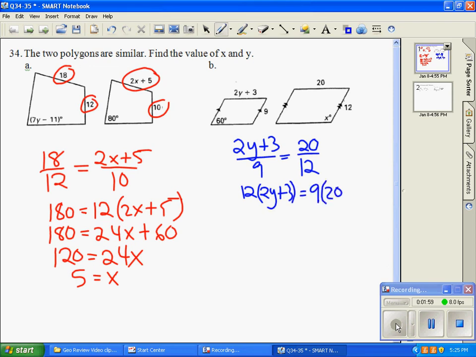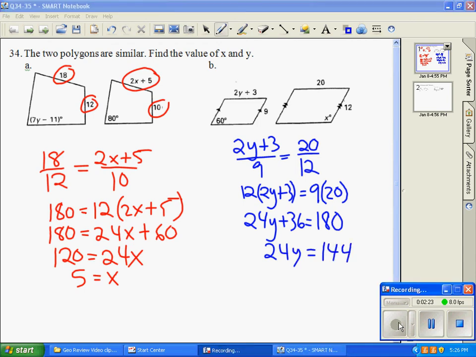So distribute this. Okay, so we're going to subtract 36 from both sides. So y is equal to 6.